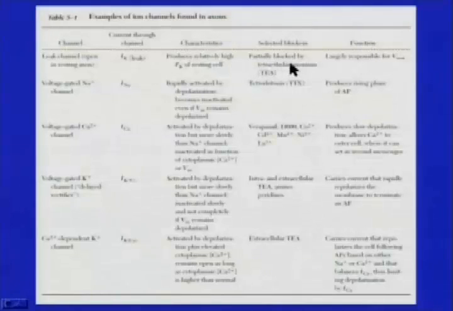So it's partially blocked by substances such as tetraethylammonium, or TEA, and this is largely responsible for the negative resting membrane potential, or V sub rest. So the resting membrane voltage or potential is designated as V sub rest.